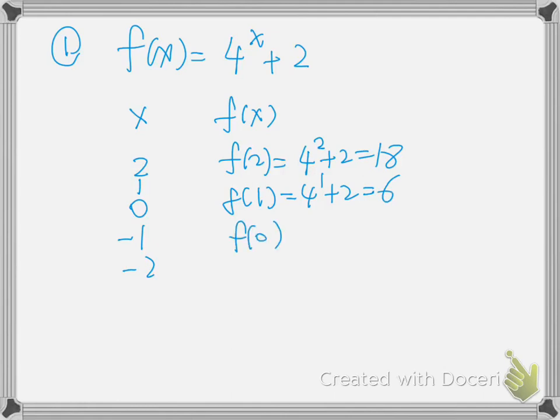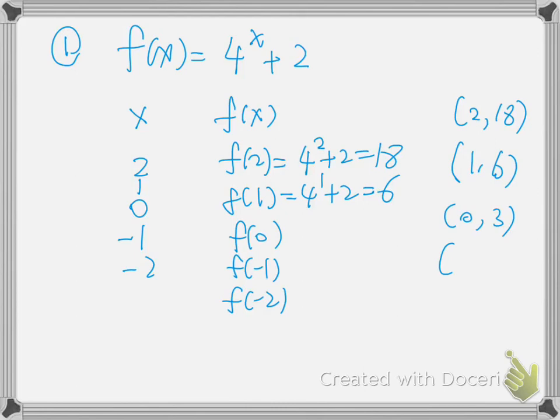You can read all the calculations in my solution manual. Then we get 5 points: (2, 18), (1, 6), (0, 3), (-1, 2 and 1/4), (-2, 2 and 1/16).